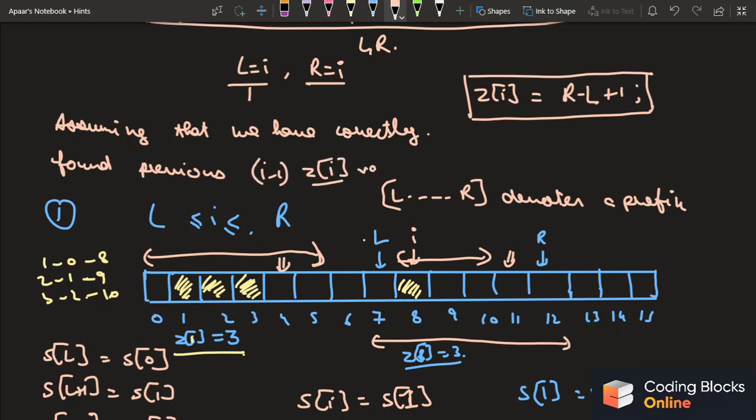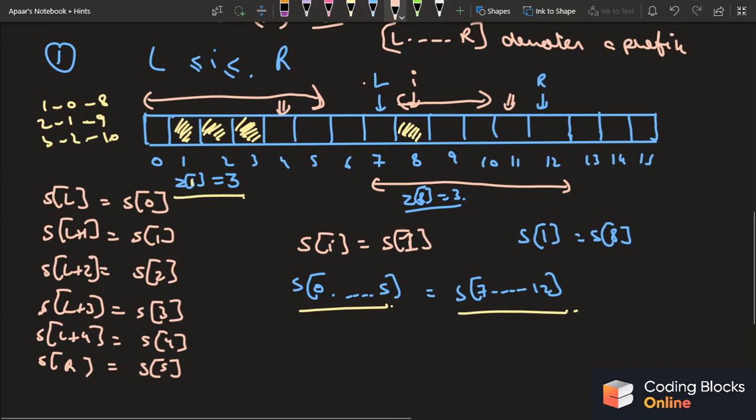So whenever I match a prefix, what does this mean? That of course that prefix's zi values were calculated. So if this also equals that prefix, then of course that zi value should be equal to this much only, right? So basically I'm on the first case over here.